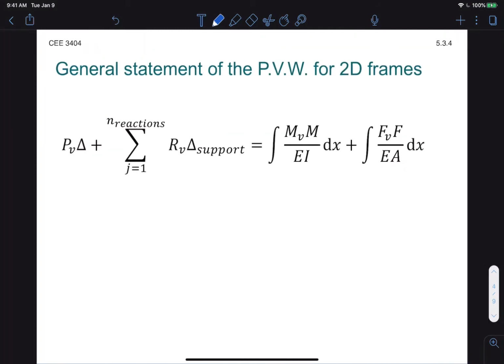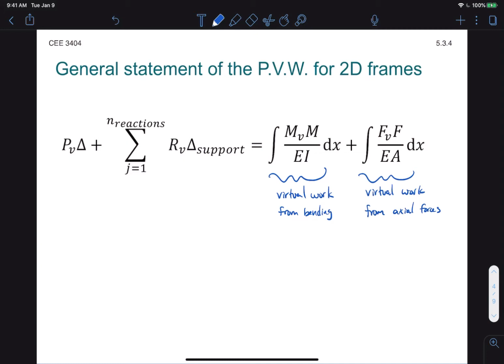So plugging this term in to the equation for virtual work that we established before, we simply get an expanded version. So on the right-hand side, representing the internal work, we have the work done by the moment or from bending. Then we have our work done by the axial forces.